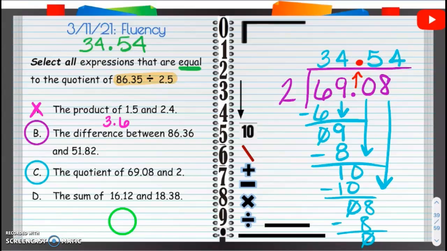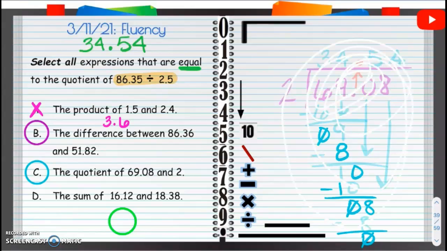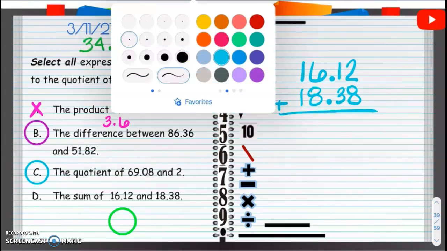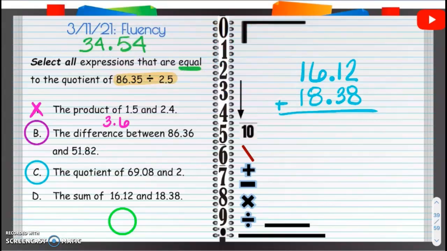All right, let's take a look at the last one here. The sum: we're going to add 16 and 12 hundredths and 18 and 38 hundredths. We have to line up our decimal. Let's add. Sum means add. 2 plus 8 is going to be 10. 3, 4, 5.